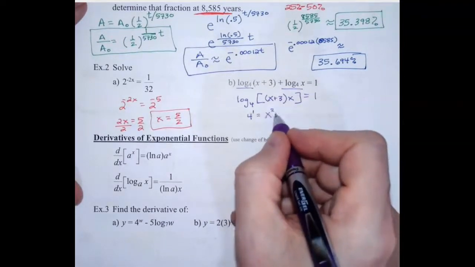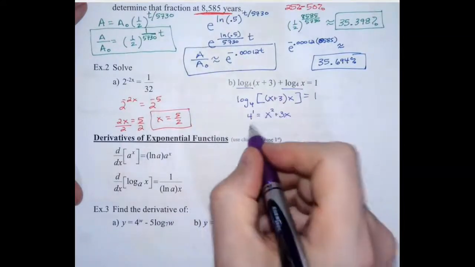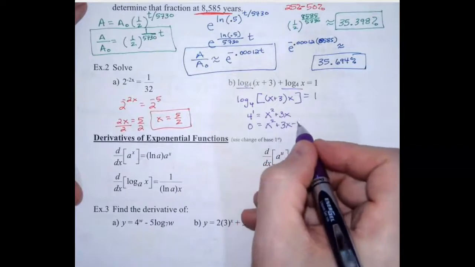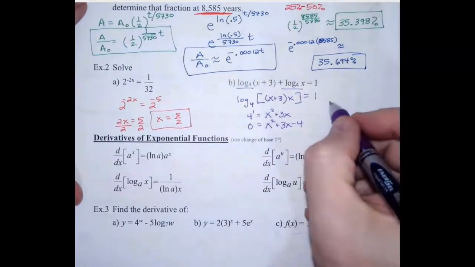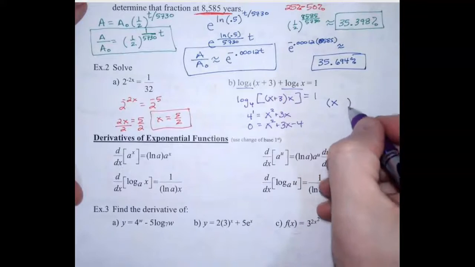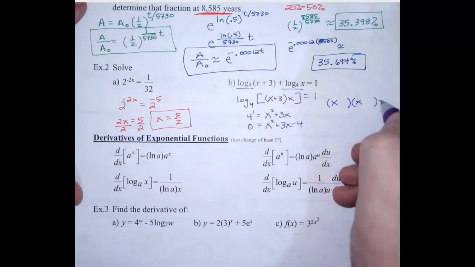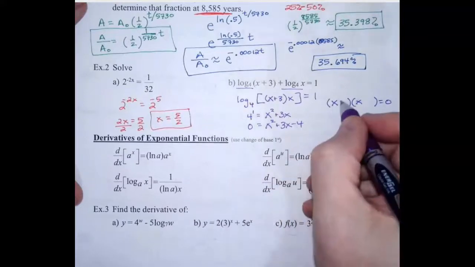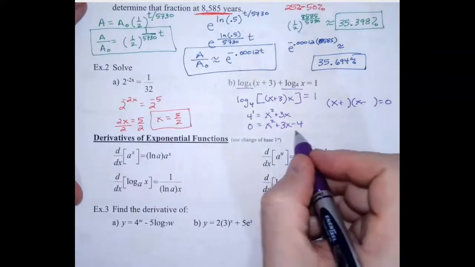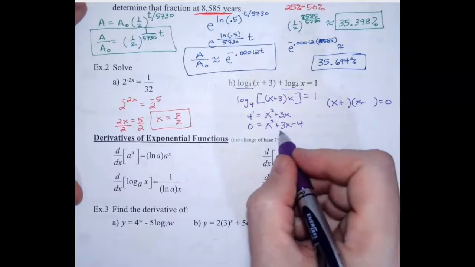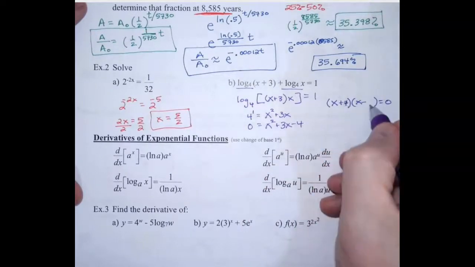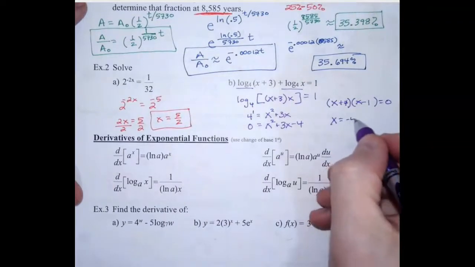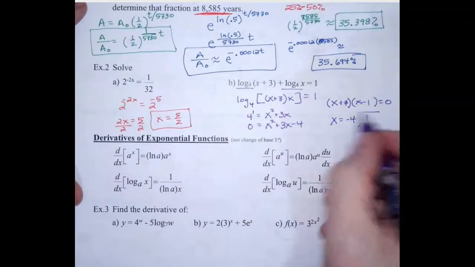That's going to be x squared plus 3x. Set that equal to 0 and factor that. So probably this is negative, so we have a positive and a negative. So we need factors of 4 that subtract to give 3. So plus 4 minus 1. So we're going to have x equals negative 4 and x equals 1.